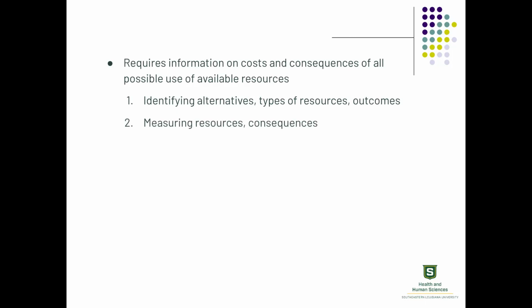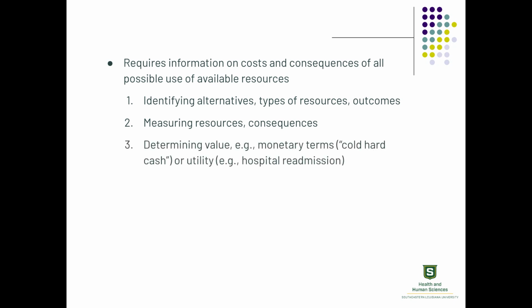Then we need to determine the value that will be placed on the consequences, and the value could either be in monetary terms, like cold hard cash, or we could look at it in terms of utility. An example would be hospital readmission rates, right? And then finally, we compare the costs and the consequences of all of these alternatives in order to make a decision on which of them to go with.